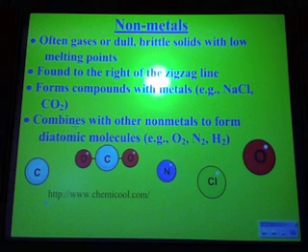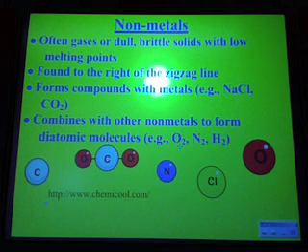Nonmetals often will combine with other nonmetals to form what we call diatomic molecules. Di means two. So these are molecules made of two atoms. Like, for instance, oxygen. When we have oxygen like in the air right now, it naturally will not exist as just a single oxygen atom here and a single oxygen atom here.